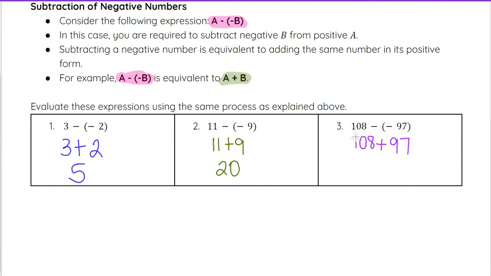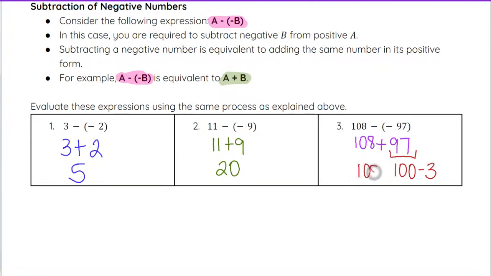Now, this one may not be as simple to do in your head as these two. So let's use some of our tricks that we've learned in a previous video as to how to add numbers in a quicker way. Looking at this 97, the way that I think of this is, 97 is really 100 minus 3. So if I can add 100, but then subtract 3, that will be the same as adding 97.